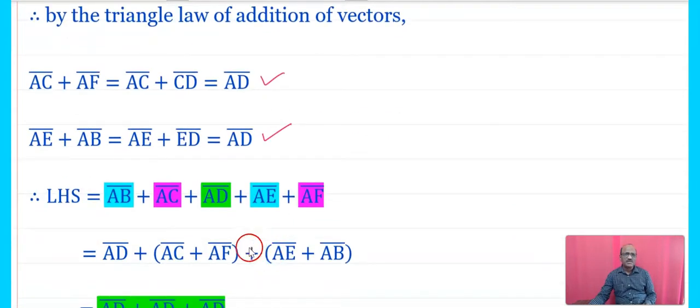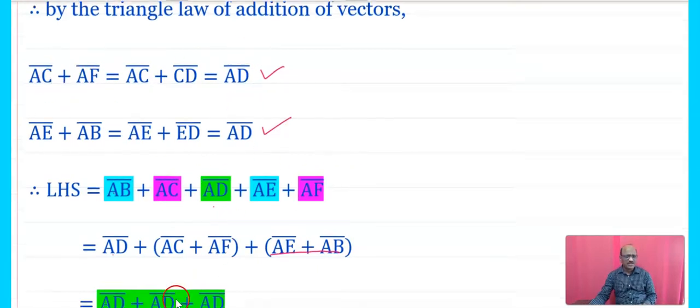The first AD bar, keep it as it is in green color, and the next, AB bar plus AE bar, that is nothing but the AD bar, and AC bar plus AF bar, again that is the AD bar.